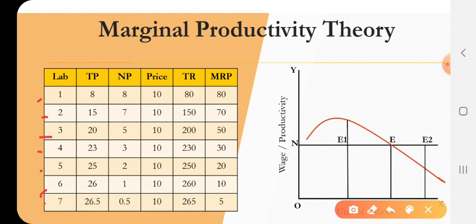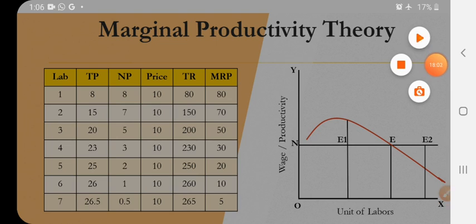With one labor, the total product manufactured is 8 products, and the price will be 10 rupees for each product.